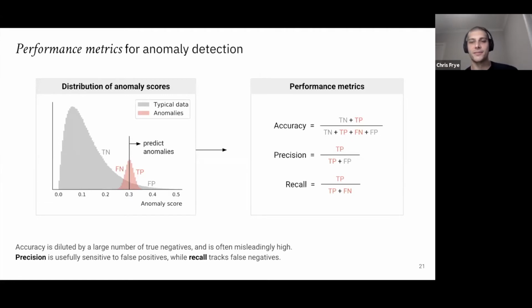And when I say these two things in English, these quantities sound almost identical, but the difference mathematically is that precision is sensitive to false positives, whereas recall tracks false negatives. So anyway, the takeaway from this slide is that precision and recall are two performance metrics that we use to judge algorithms, and the higher the better for these performance metrics.